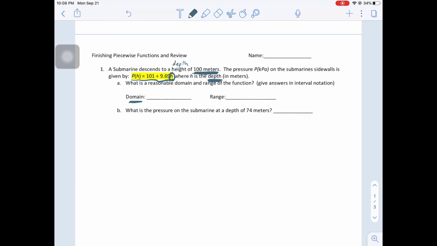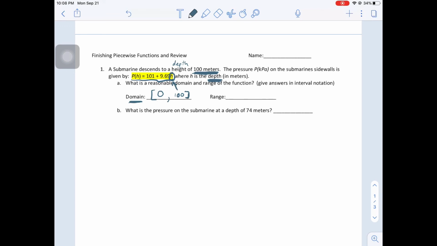So I would say in this case, 100 is going to be the upper bound, okay, because 100 is the biggest number that we would plug in for h. So we can say 100 is the upper bound. The lower bound in this case is, well, how least can the submarine dive, right? Well, the submarine could be on the surface of the water. The surface of the water has a depth of 0, right? So that's going to be the lowest possible value we plug in.